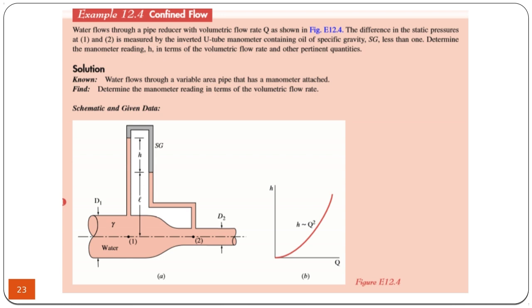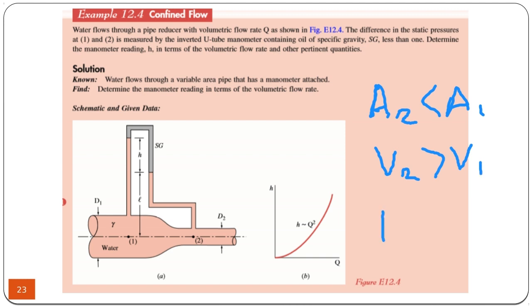Velocity increases because A2 is less than A1. It's a reduction in the diameter, which means velocity must be greater than V1. And due to Bernoulli's law, it requires that P2 must be less than P1.